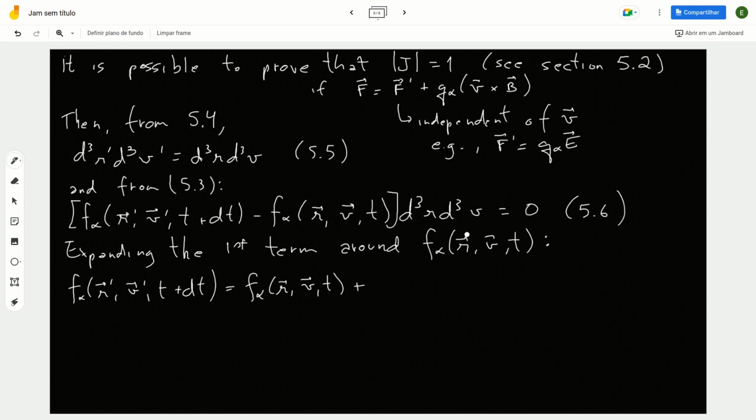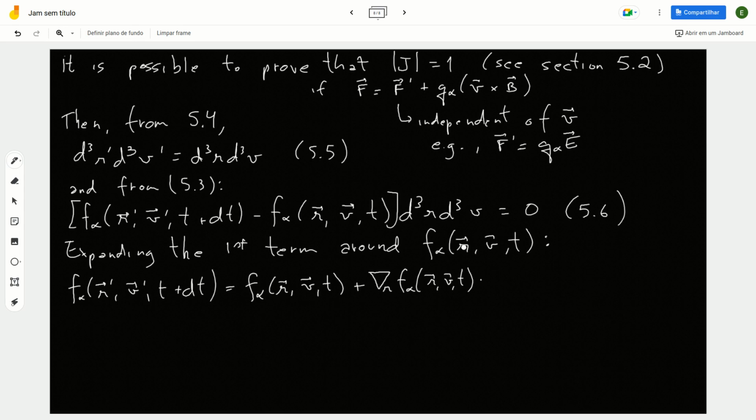Derivative in relation to r, the position, is a gradient, and I'll write this gradient as nabla r, just for us not to confuse things. So I have nabla r times r plus v dt minus r.